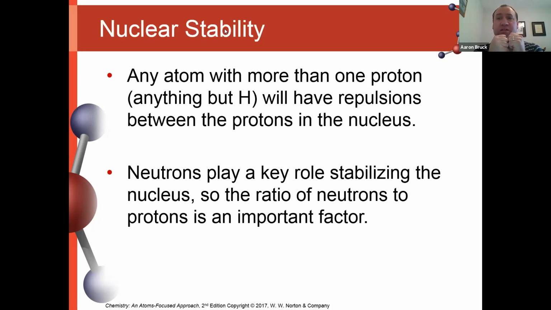And we know that like forces repel each other. So as soon as we go from hydrogen to helium, we're going to see some repulsion taking place inside that nucleus.